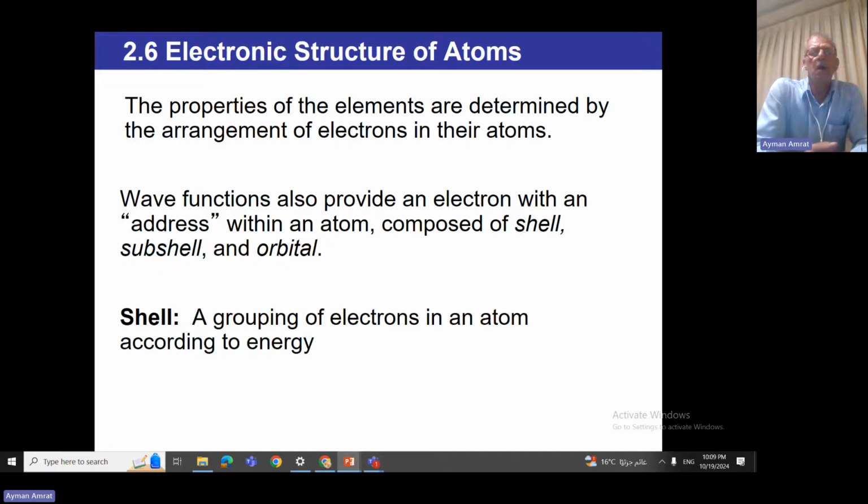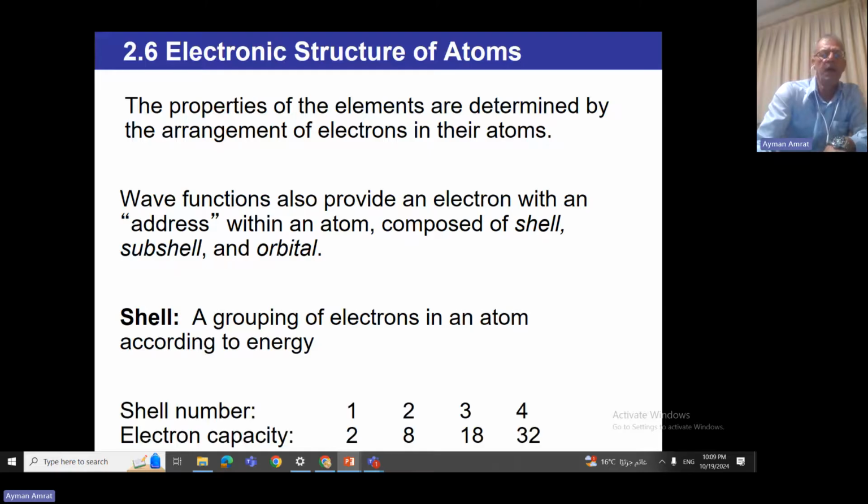Shell is a grouping of electrons in an atom according to energy, energy level: shell 1, shell 2, shell 3, starting from shell 1. These are groups according to energy level: level 1, level 2, level 3.